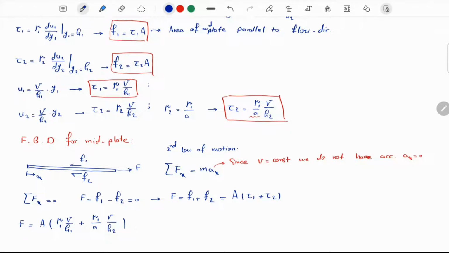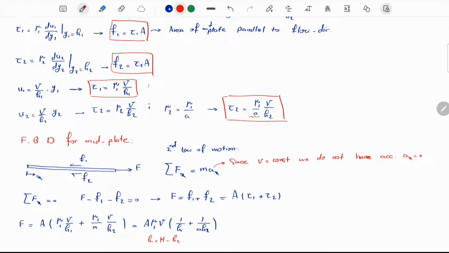Okay, and factoring out mu1 and V, we have A mu1 V multiplied by 1 over H1 plus 1 over A H2. Also, we had before H1 equals capital H minus H2.